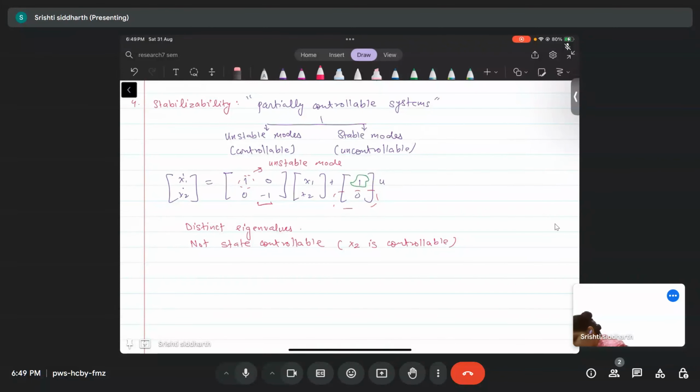So we conclude that the unstable mode is controllable and the stable mode is uncontrollable, which implies that the system or the pair AB is stabilizable.